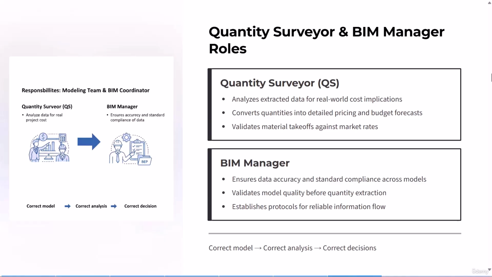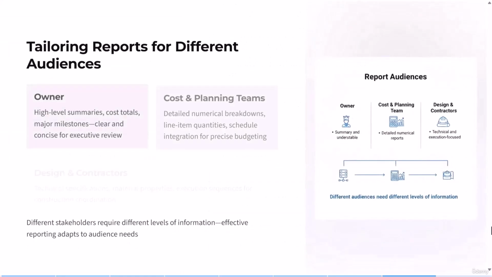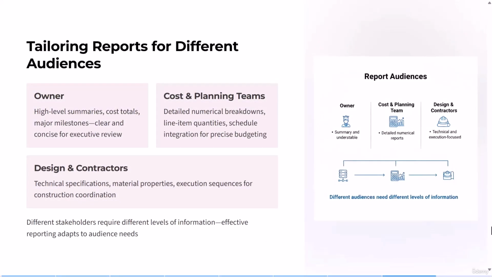In short, the BIM manager guarantees the trustworthiness of the model's data. If the model is incorrect, the QS will analyze it incorrectly, and the client will make decisions based on wrong information. Therefore, the final control of the data accuracy and report validity is always under the supervision of the BIM manager.